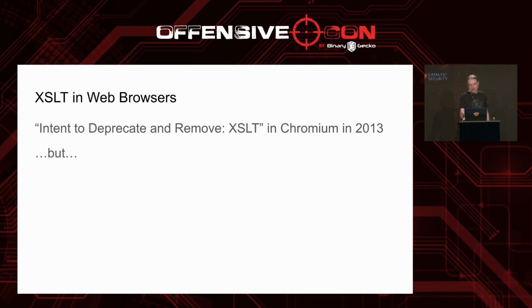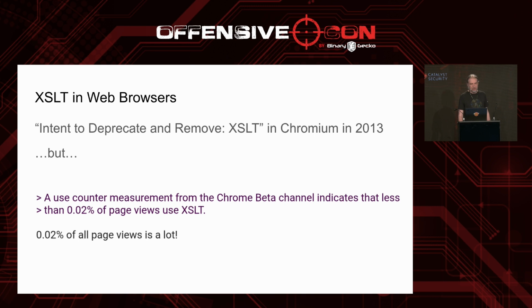And the reason it didn't happen was because, I kid you not, 0.02% of all page loads use XSLT. And that can be a very low number or a very high number, depending on how you look at it. But in either case, we are stuck with this XSLT thing in the web browsers for the foreseeable future. So might as well take a look, right?